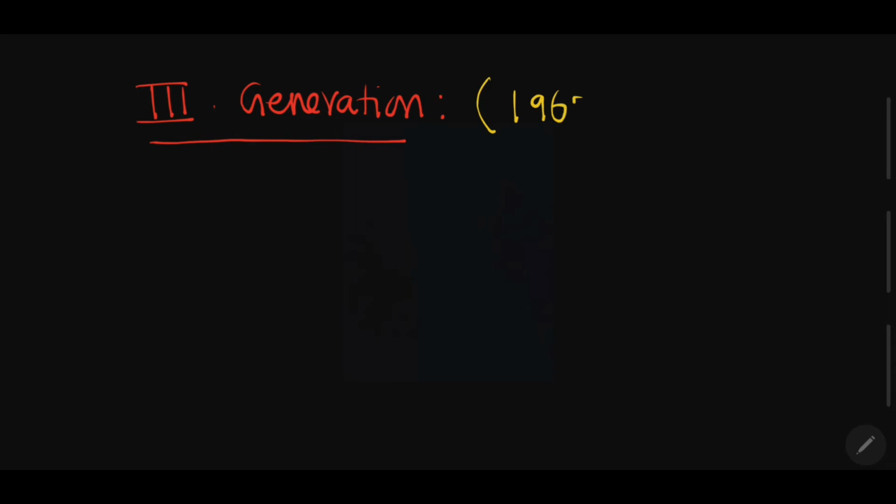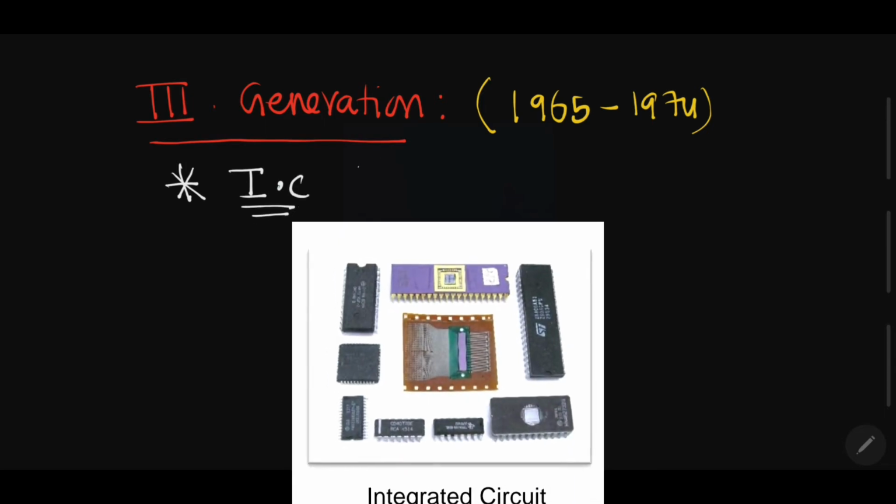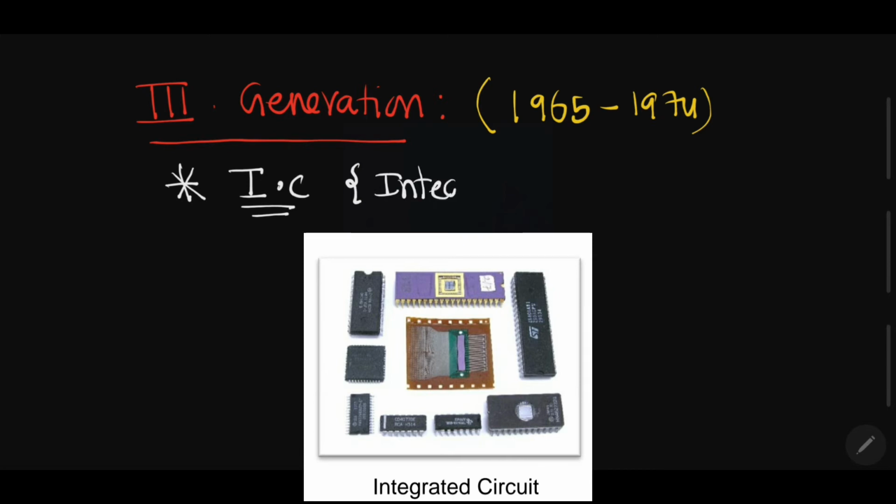Third generation of computers. The third generation computers are from 1965 to 1974. In this generation, mainly ICs, which stands for integrated circuits, are used as processors, or we can also call it technology.